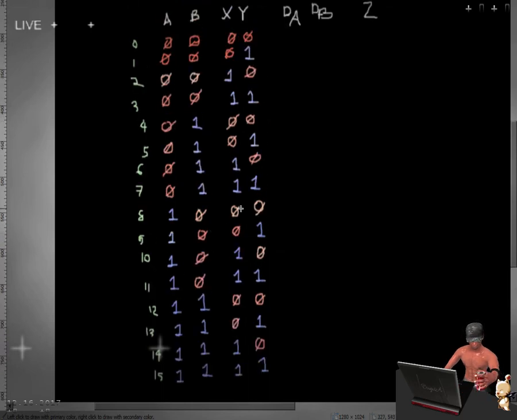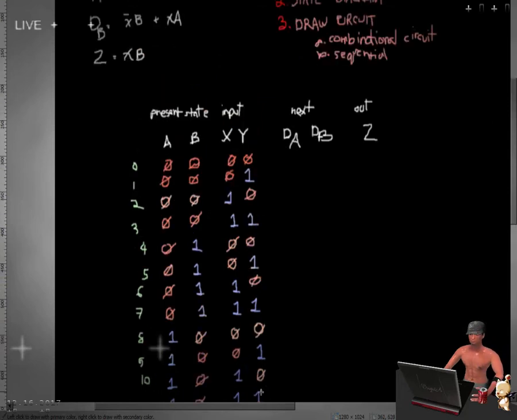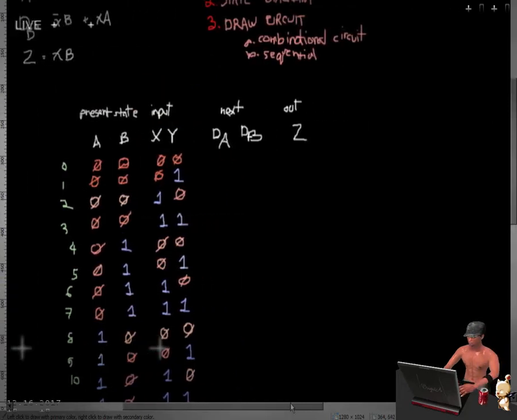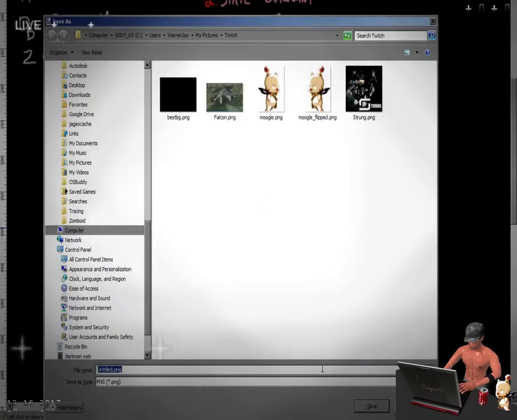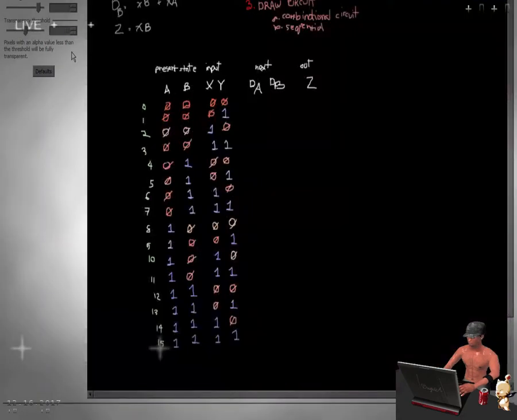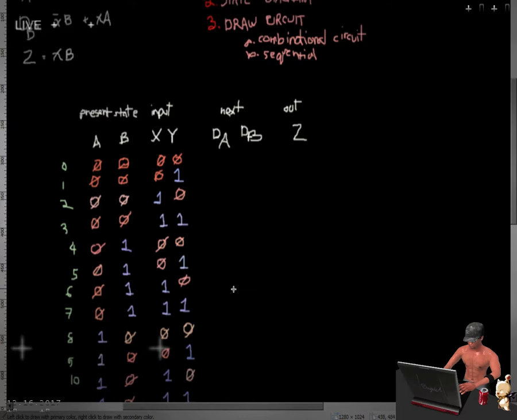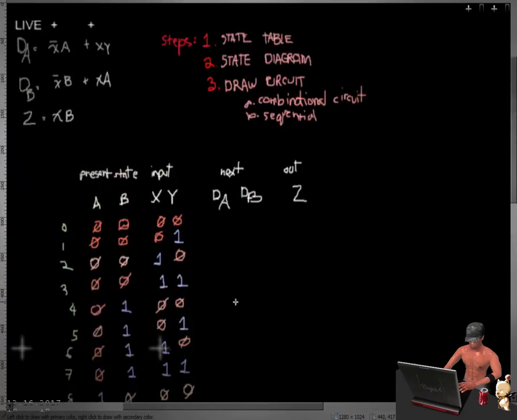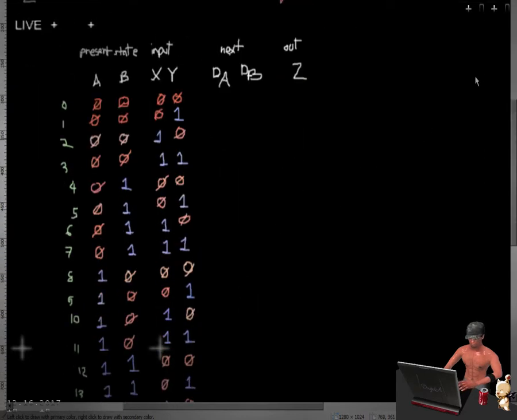Alright, so that's pretty good. Now we're going to continue. Let me go ahead and save this real quick, because it's very important that we save this file, just in case something happens. I don't want to redo this.